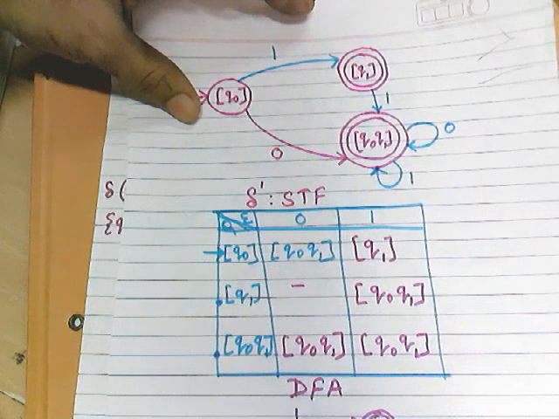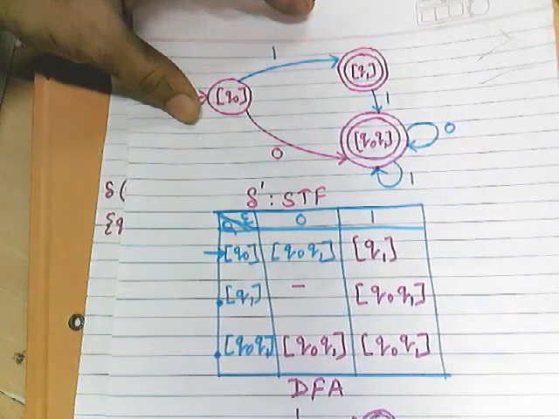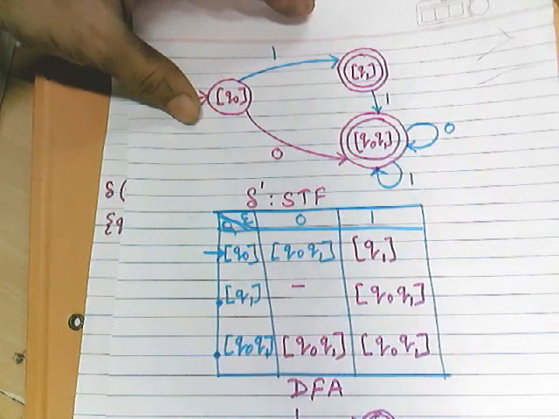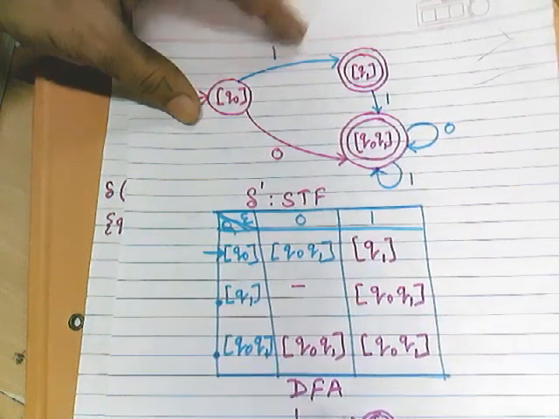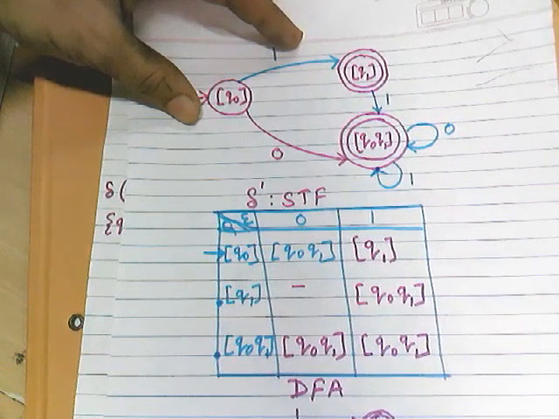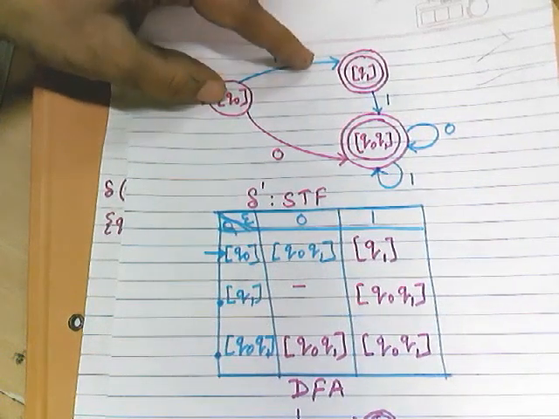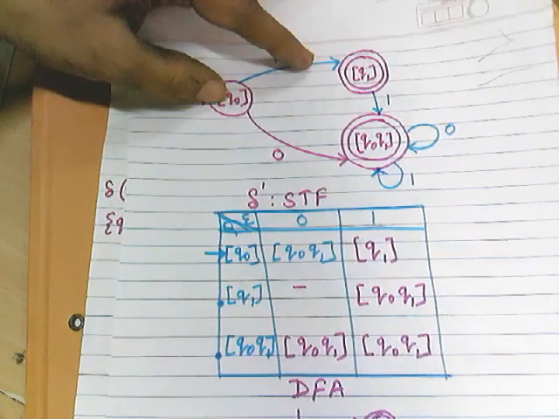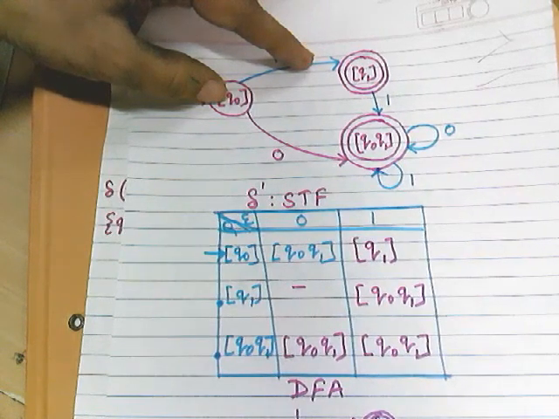Then there is another state which is named as C. So what we have done? Now we have newly named the states: Q0 as A, Q1 as B and Q0 Q1 as C. So this will give you the actual appearance of the DFA.